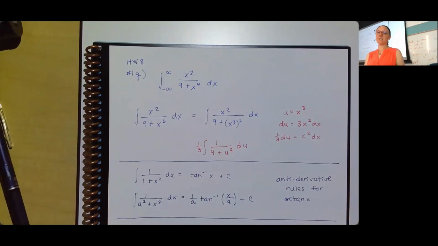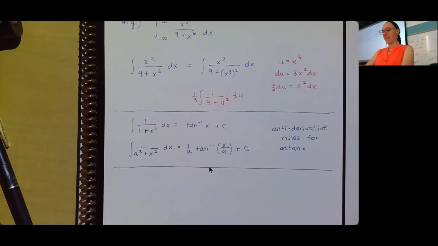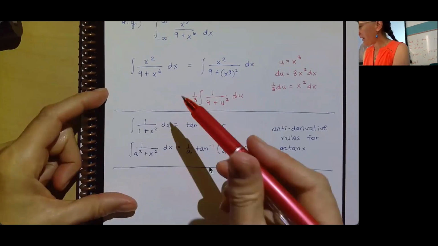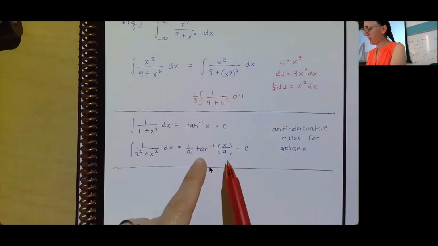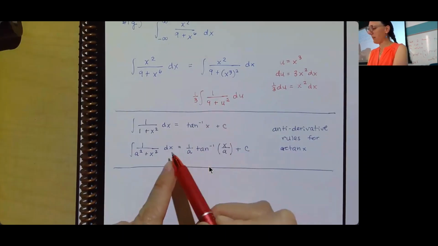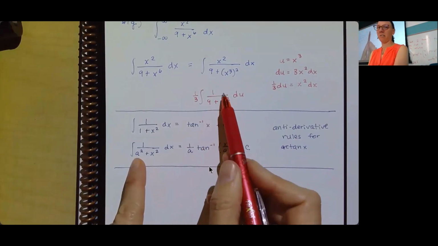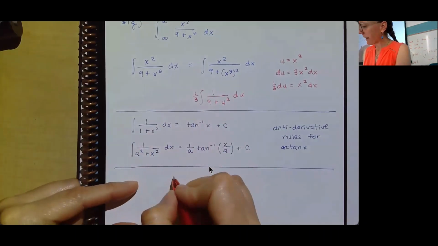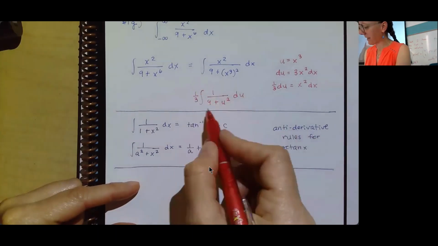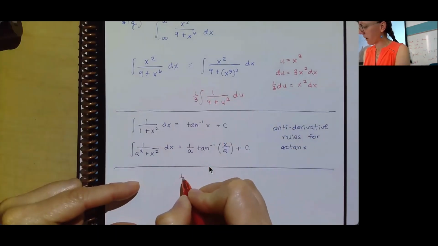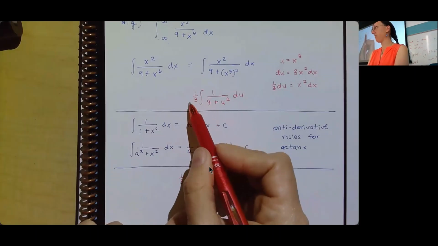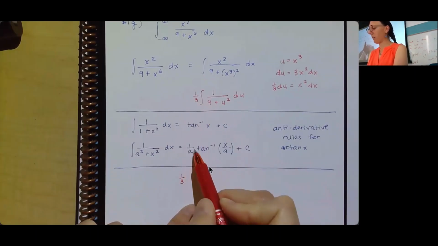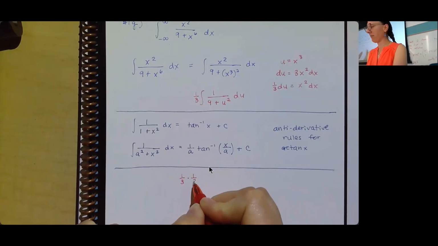Okay, so that's what I'm working with. I'm going to rewrite this. Coming back to here, I know that the a is going to be 3 because that's what's squared in this formula. So when we take the antiderivative, I'm going to have the 1/3 because it was already there, and then another 1/3 because it's part of the formula.